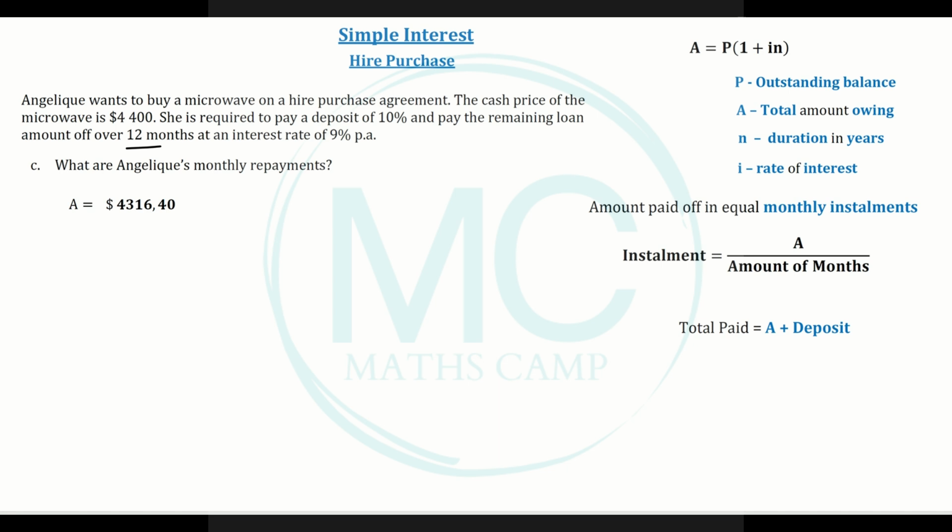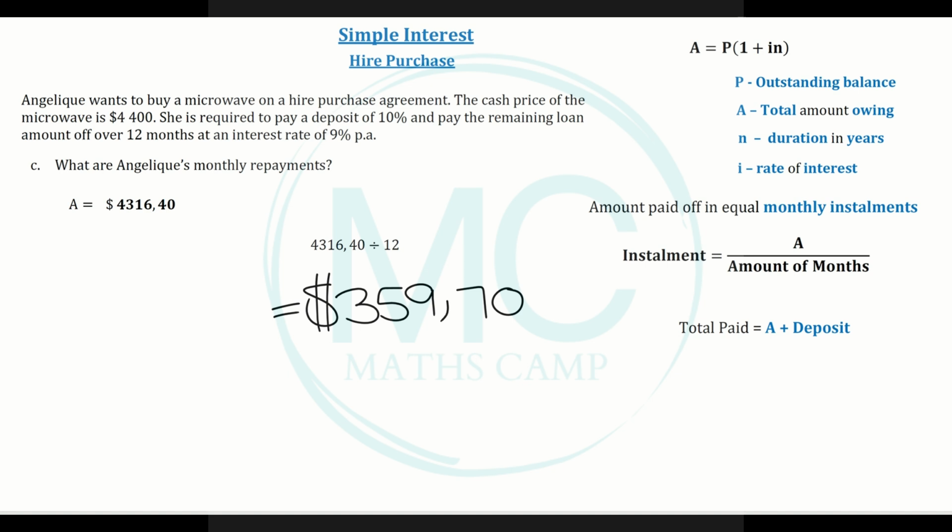So to find the installment, we say $4,316.40, and we divide this by the 12 months, and we get an answer of $359.70.